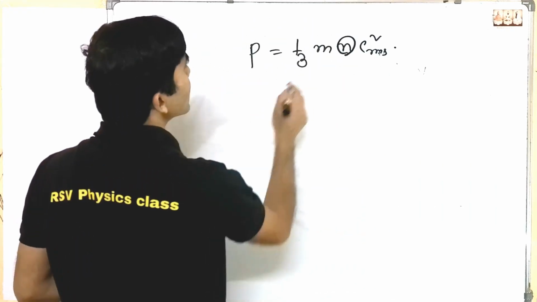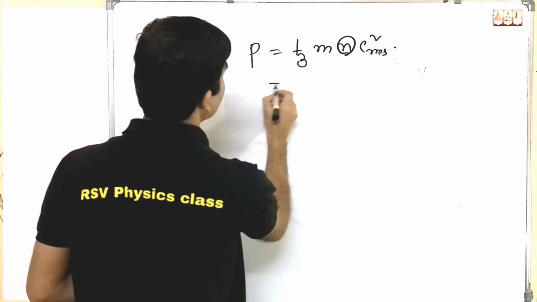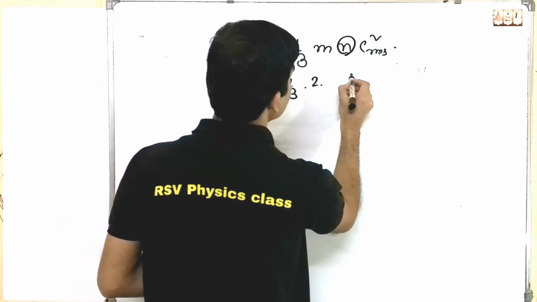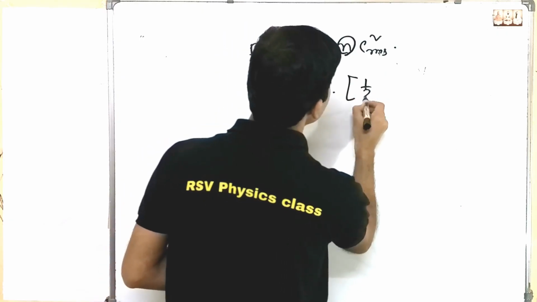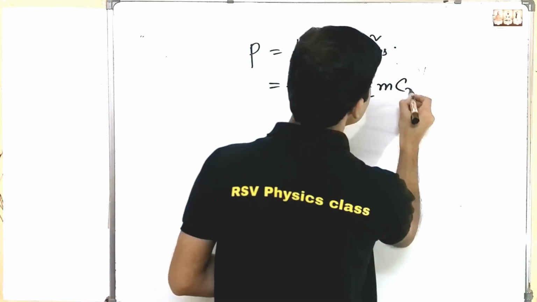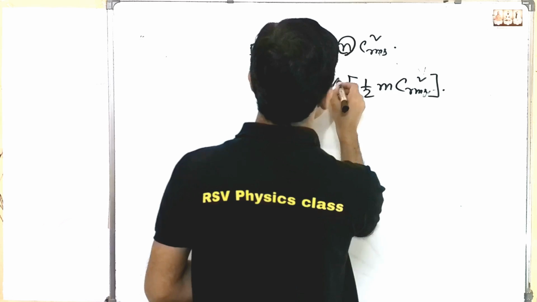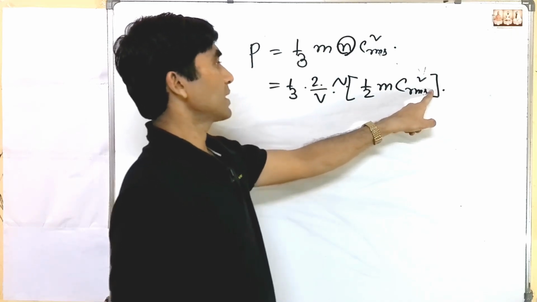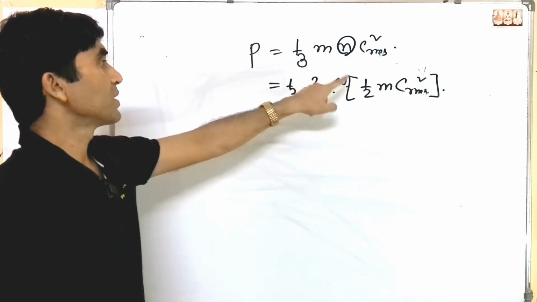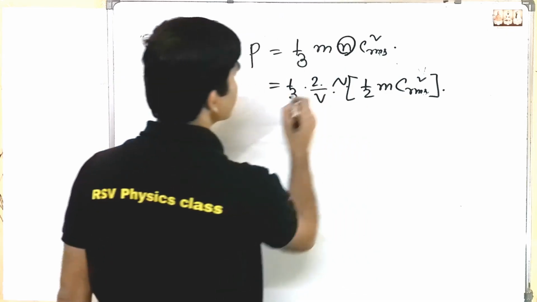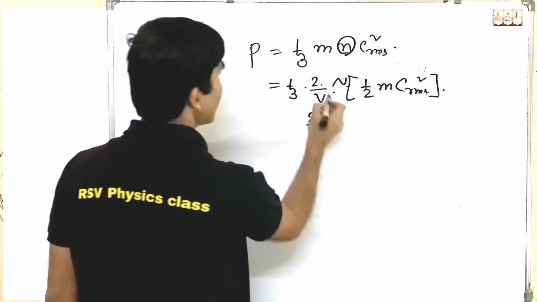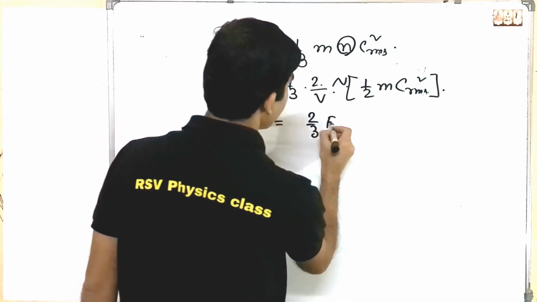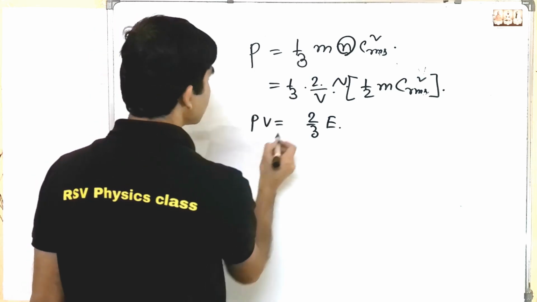So basically we can write 1/3 into 2 multiply करके, नीचे V, half m c rms square into number of molecules. So half m c square is the kinetic energy of single molecule and with the number it is the total kinetic energy, है ना. So this is 2/3, and PV equal to 2/3 E. So PV equal to 2/3 E.